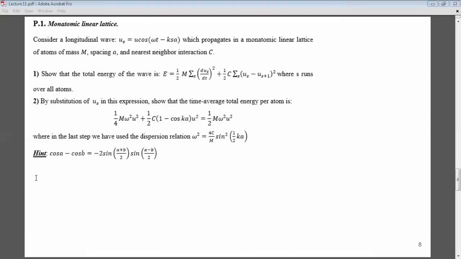So we are going to use the equation that we used, which is sine square Ka over 2 is equal to 1 minus cosine Ka over 2. We have used it before and we're gonna use it here. Maybe I put it here in the corner.